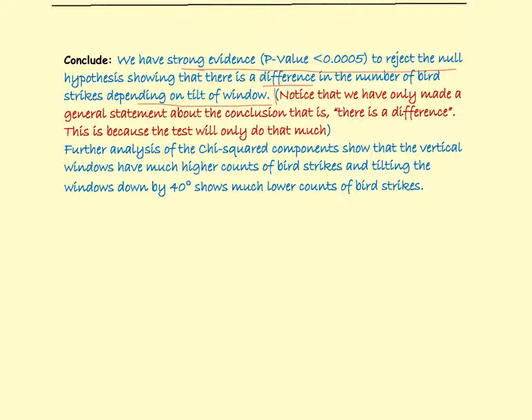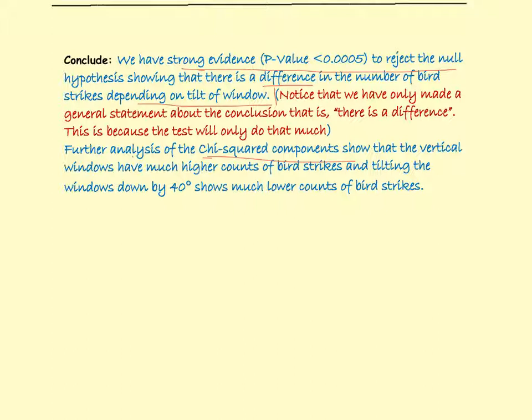But we can add a little more by further analyzing the observed and expected counts after we have rejected the null hypothesis, and our further analysis of the chi-squared components. If you remember, the largest chi-squared component was that which came from the vertical windows.